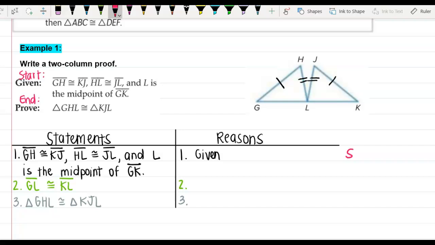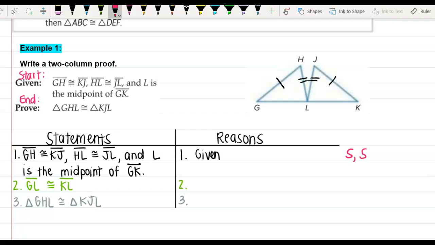And then I have HL is congruent to JL, and that's another side. So in this line, I've already established that 2 sets of sides are congruent to 2 other sides in the other triangle. Then I have something that says L is the midpoint of GK. It doesn't really help us. That doesn't tell us anything's congruent. We don't have side congruent to side or angle congruent to angle, so we can't label anything.